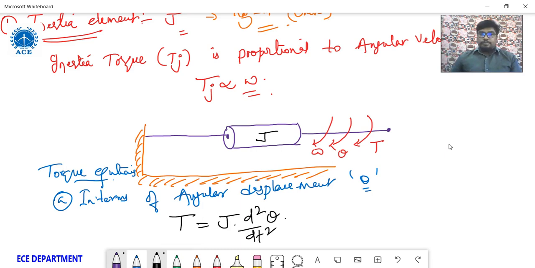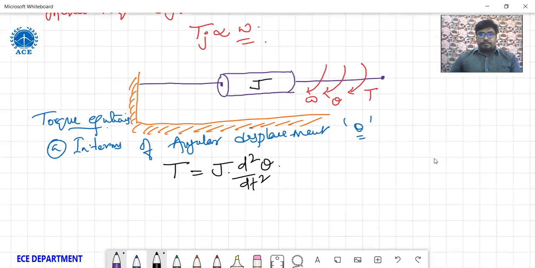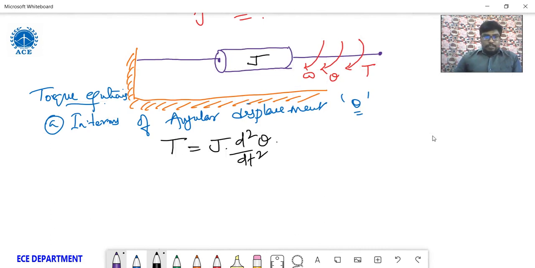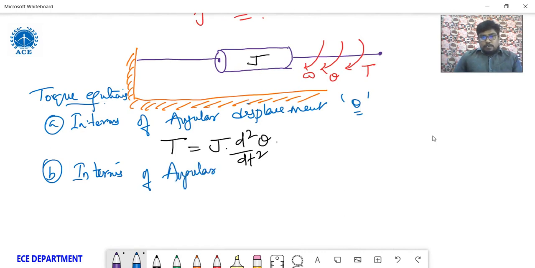And second one, B, in terms of angular velocity omega.